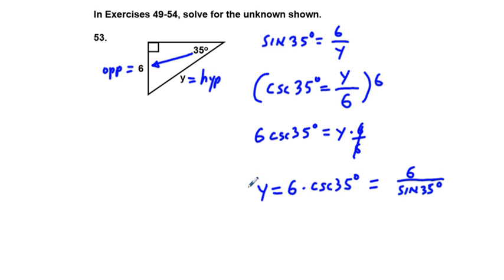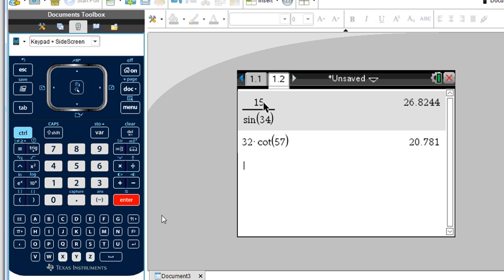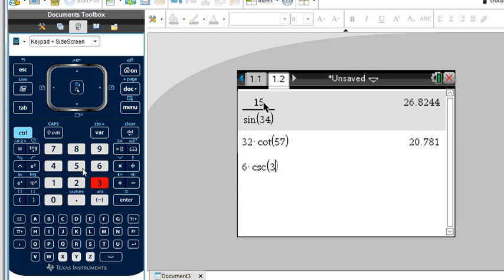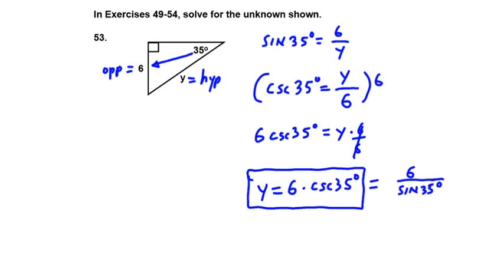I'm just going to leave it in the cosecant form, but the sine form is equally sufficient. So 6 times cosecant 35 degrees, we have 10.461, or 10.4607. I'll call it 10.461.